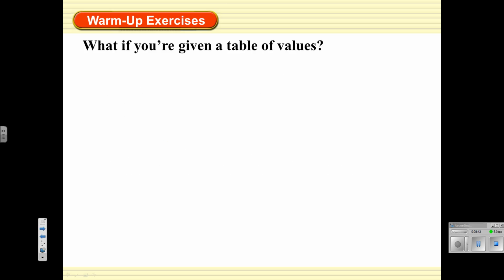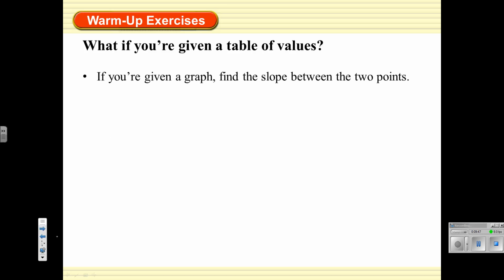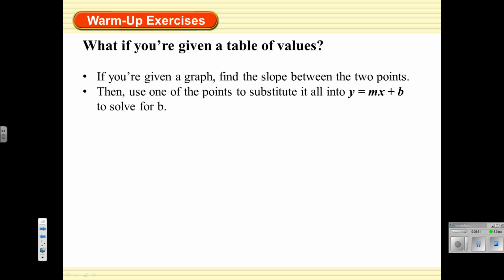Okay. What if you're given a table of values? If you're given a table of values, it says find the slope between 2 points, or find the rate of change or the slope.